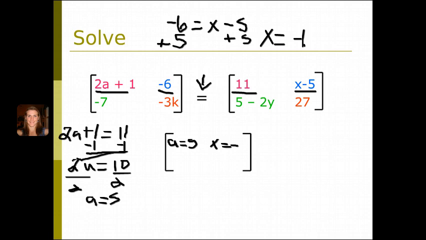Looking at our green values, you have -7 equals 5 minus 2y.